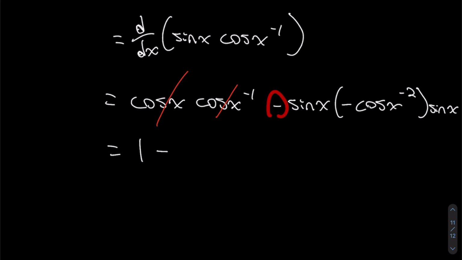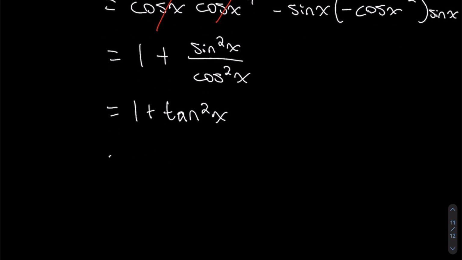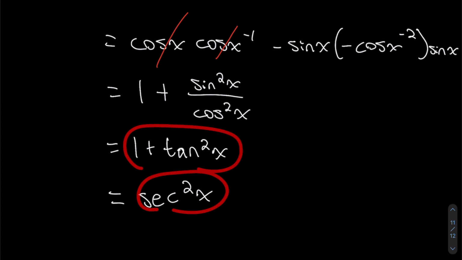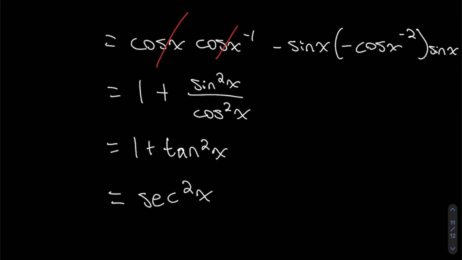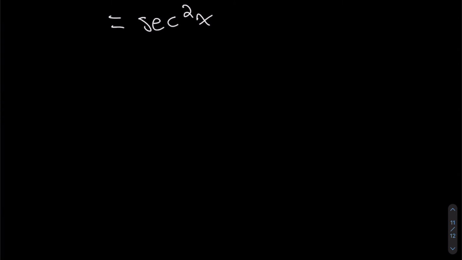These negatives will cancel, so this will become plus sine squared x over cos squared x, which is 1 plus tan squared x. And this is the same as secant squared x, if you remember that identity. So 1 plus tan squared x equaling secant squared x is another very important trig identity that everyone should know. But yeah, so that's the derivative of tan.